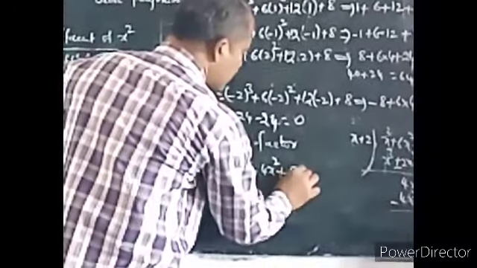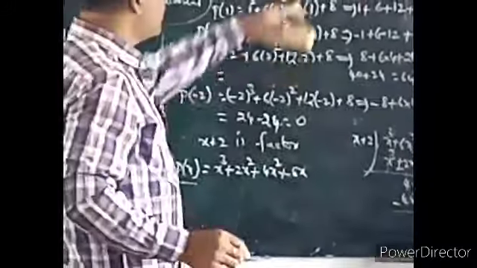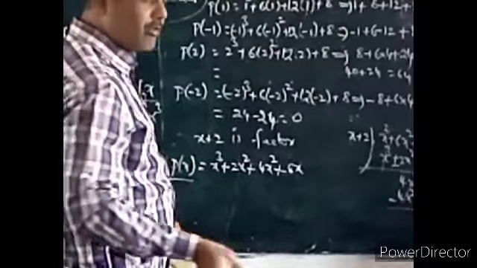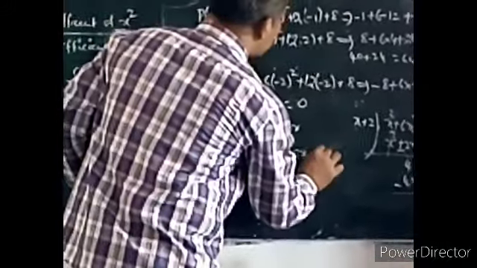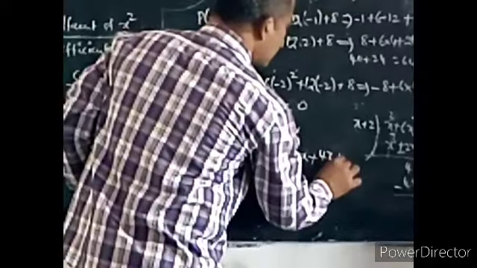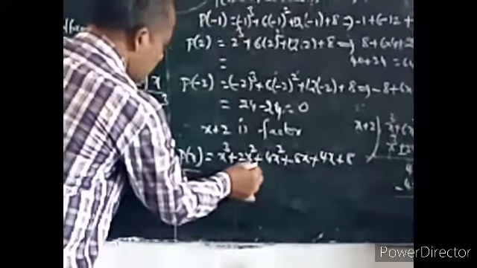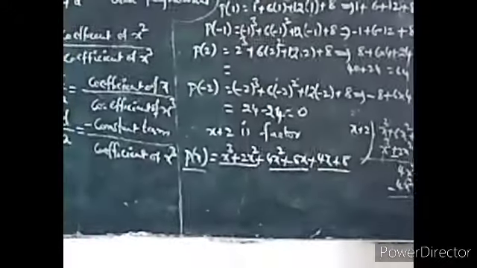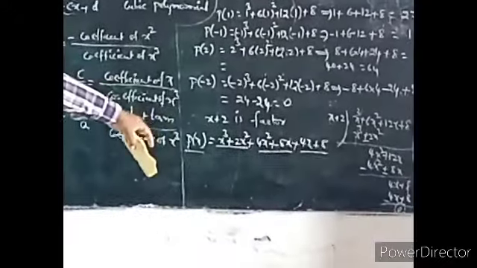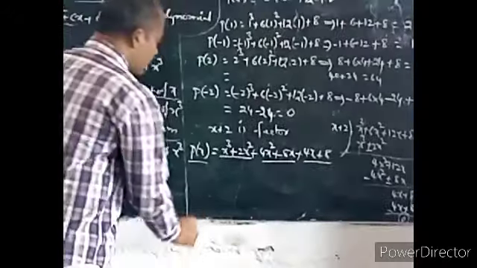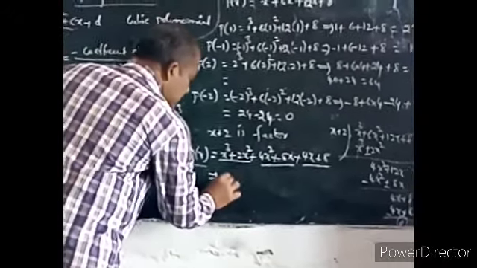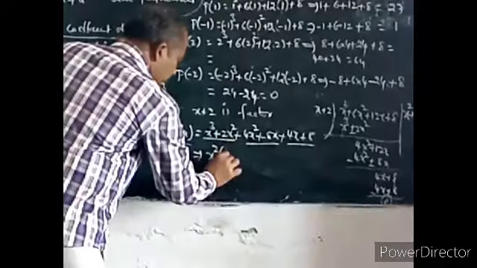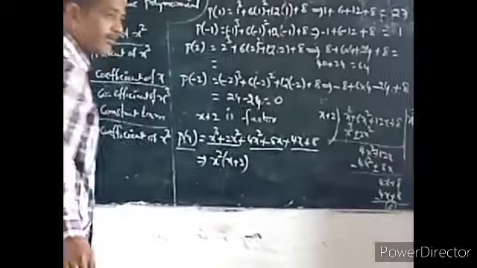Remaining 4, so 4 you should write. 4x plus 8. Now two terms are taken as one part. In each part what is common? Here x square is taken, what do we get? X plus 2.